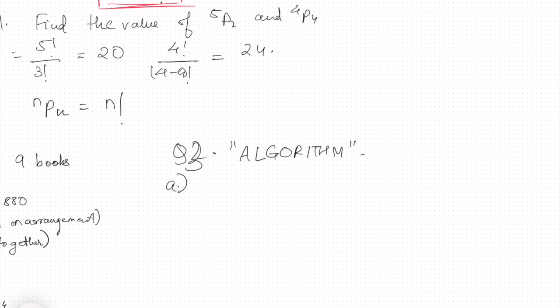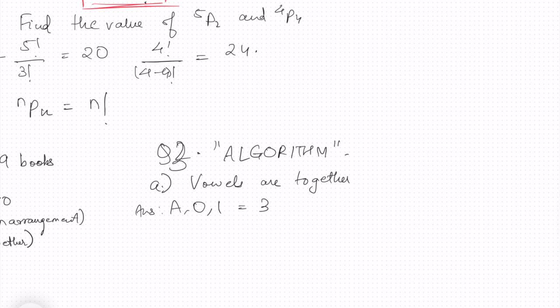One, vowels are together. If the vowels are together, how many vowels exist in this word? A, O, I, 3 vowels, and the rest are L, G, R, T, H, M, 6 consonants.